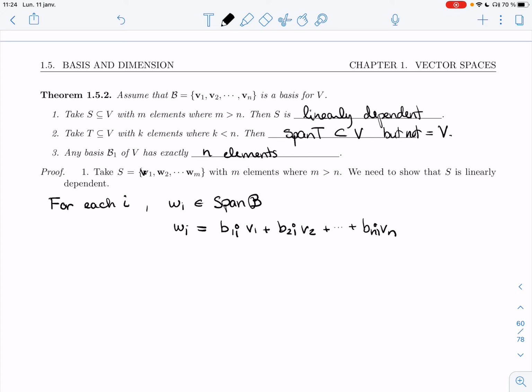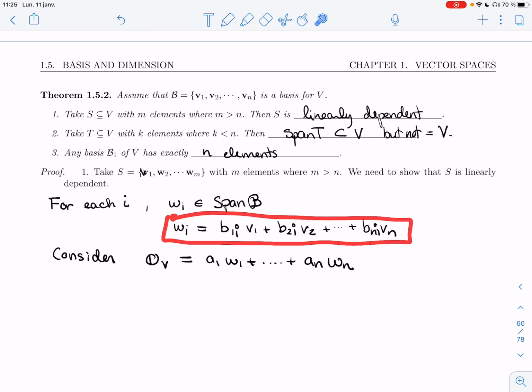All right, so I want to prove that the wi's are linearly dependent, so I need to consider 0 v to be equal to a1 w1 plus am wm. This is going to look a bit like those problems we were doing where I gave you a set that was linearly independent and asked you whether a set of linear combinations would also be linearly independent. Here we know that this set is linearly independent, and now we want to know, if I write these, will it still be linearly independent?